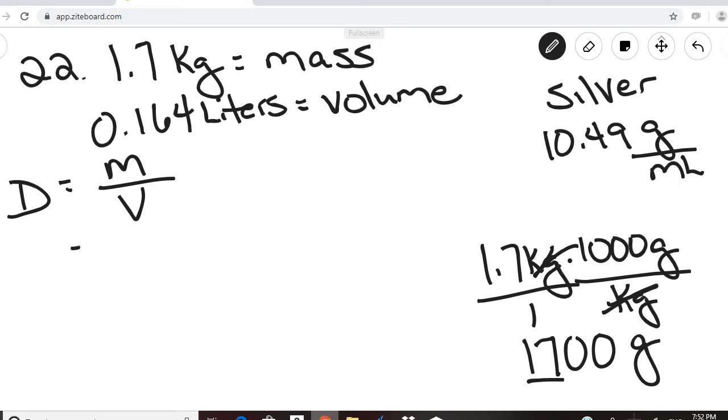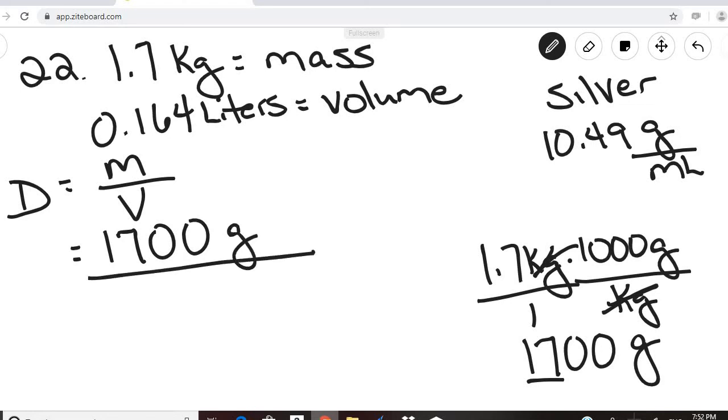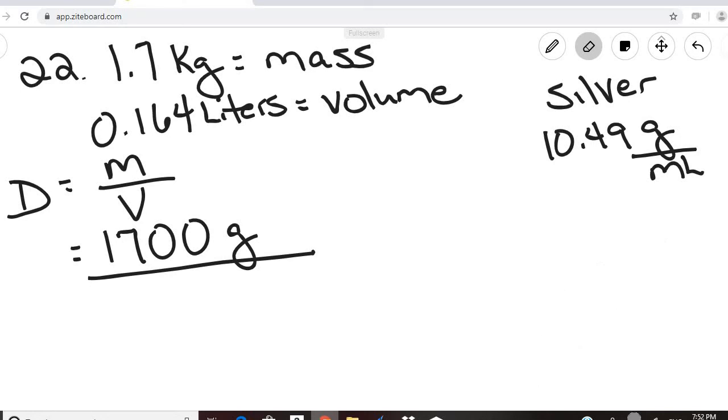So it's going to be 1,700 grams divided by the volume. So we need to change that volume to milliliters. So 0.164 liters.